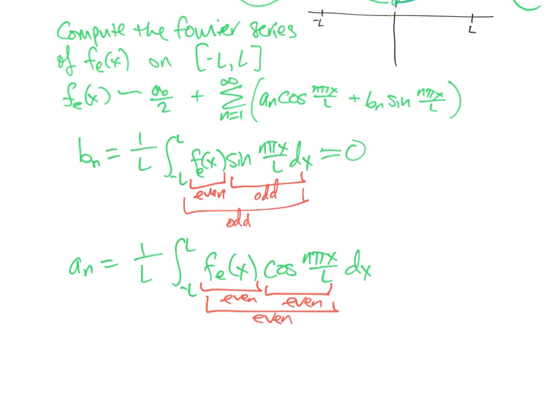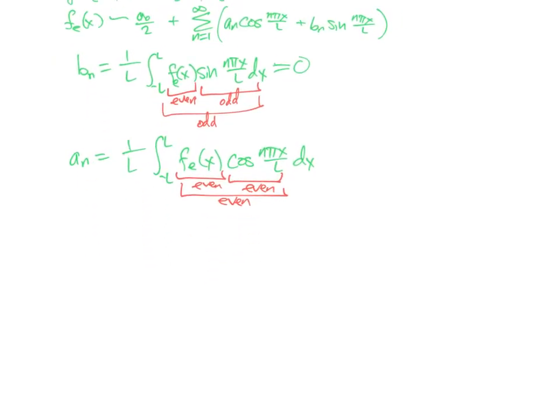And so now we can just think about the integral 1 over L from 0 to L, and we actually have to multiply it by 2, so we will do that. 2 over L. Instead of fe, because now we only care about what's between 0 and L, that's exactly equal to f of x times cosine n pi x over L dx.